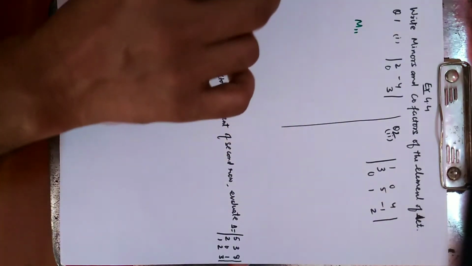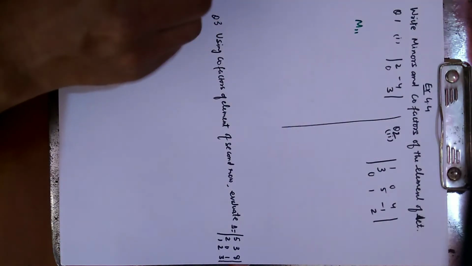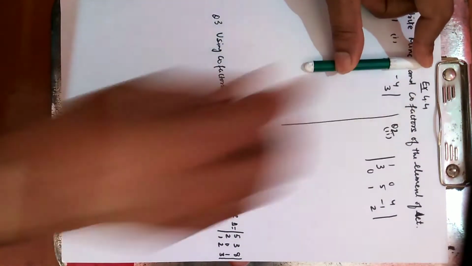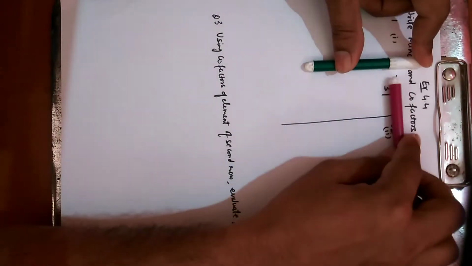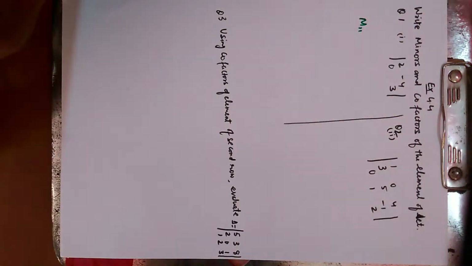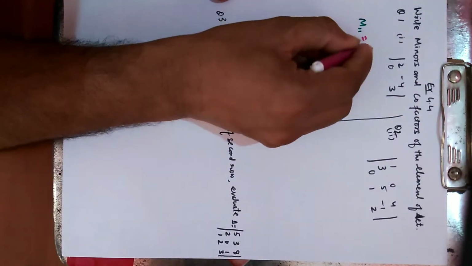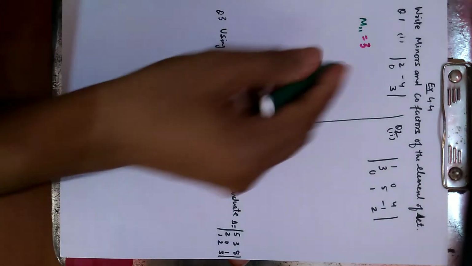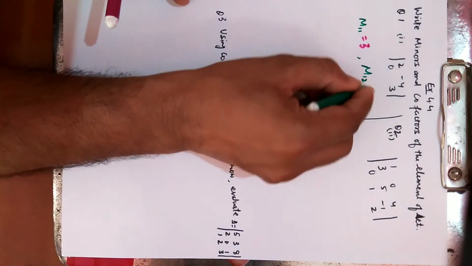How to find the minor in a 2 cross 2? Simply you hide column 1 and row 1, and this 3 is left. So that 3 is the minor M11. Now minor M12.